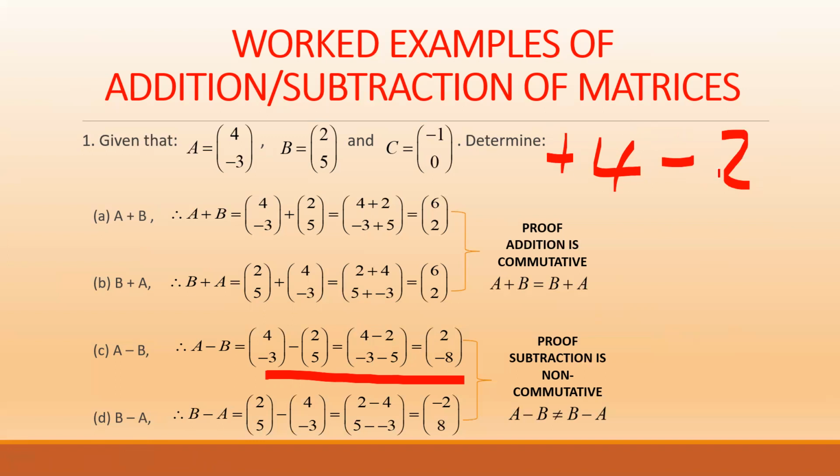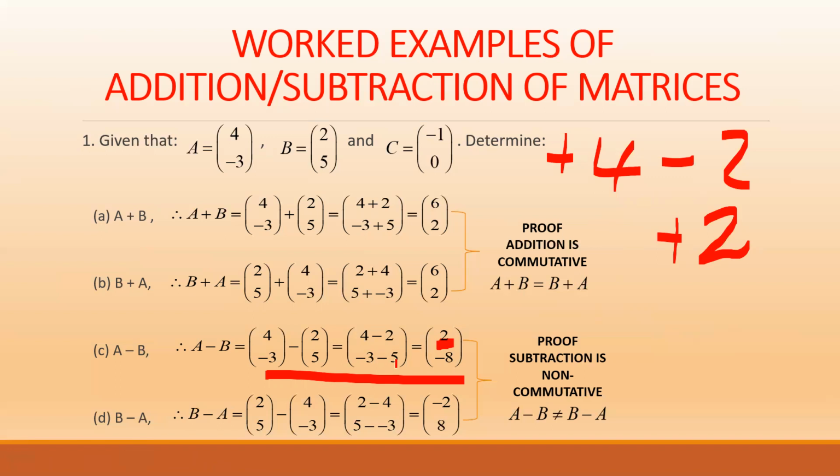So we notice that we have 2 different signs, so we must subtract. Once the signs are different, guys, we subtract. Once the signs are the same, we add. So here we will subtract. So 2 from 4 is 2, right? So we subtract, keep the sign of the bigger, and because the bigger number is a positive 4, its answer must be a positive 2. So that's how we get this positive 2, guys.